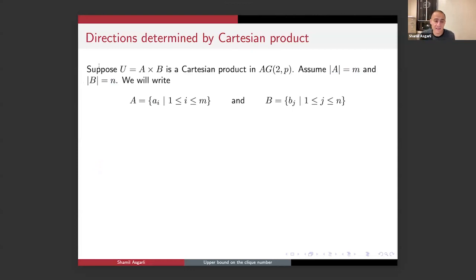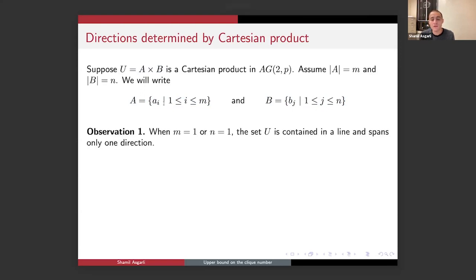So let's say here are the elements of the set A, and here are the elements of the set B. My goal eventually is to show that the Cartesian product has a lot of directions. Well, let's make a few observations. When M is 1 or N is 1, then the set U is contained in a line. But in that case, it spans only one direction.